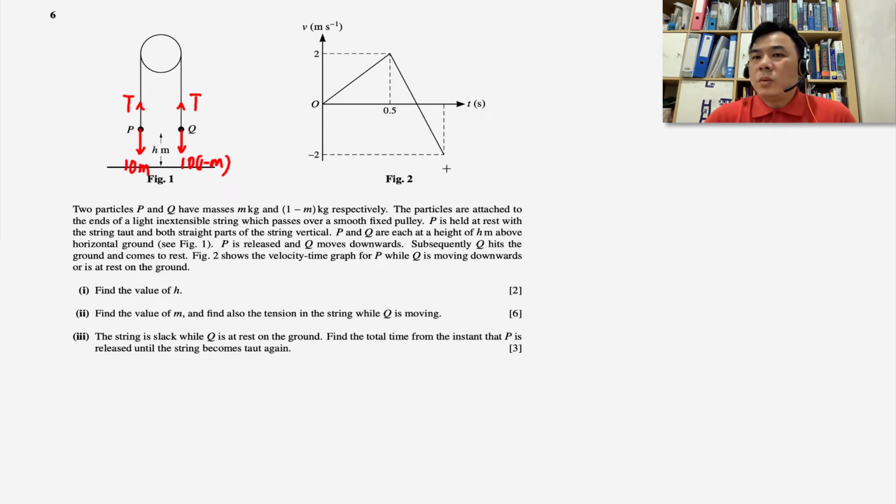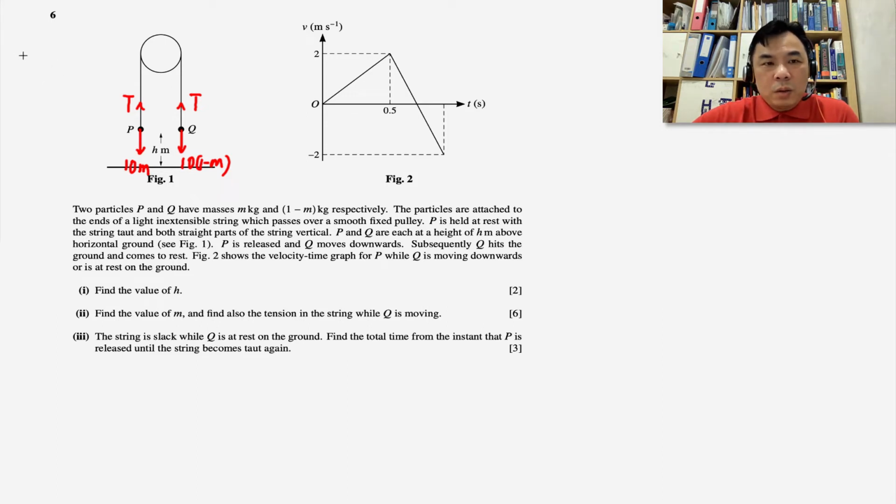All right. So generally, that's how it is. And then it is mentioned that once the pulley system is released from rest, Q starts to move downward. Now, because Q moved downwards, we know that the mass of Q must be greater than the mass of P. So for that, we can put aside a small analysis.